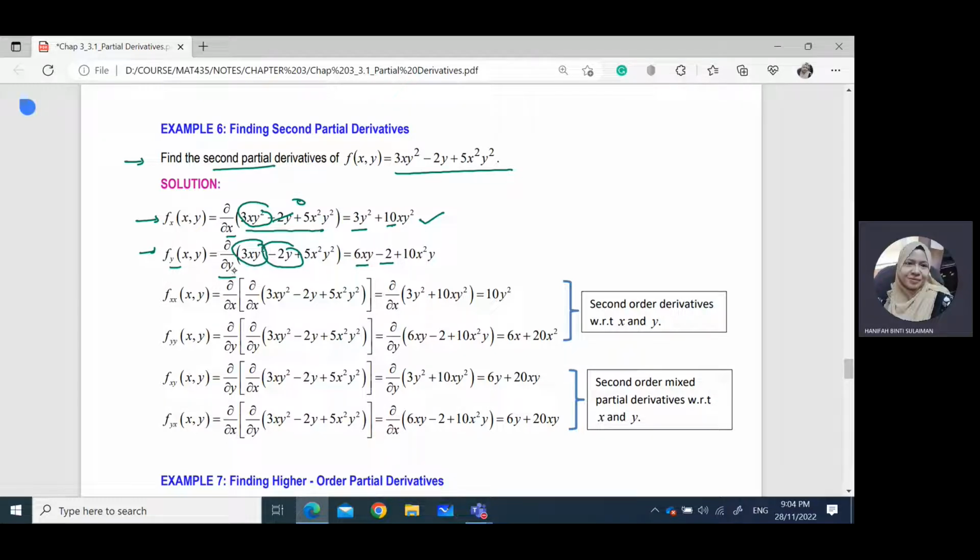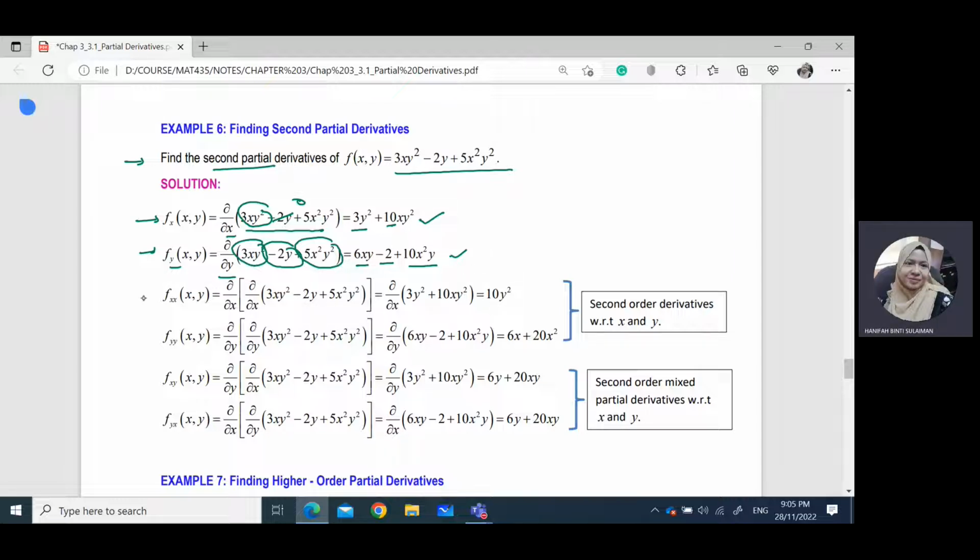And we differentiate with respect to y on the last term, which is 5x squared y squared. We have 10x squared y. Okay, so therefore, the partial derivative with respect to y is 6xy minus 2 plus 10x squared y. Okay, so ini adalah partial derivative respect to y.